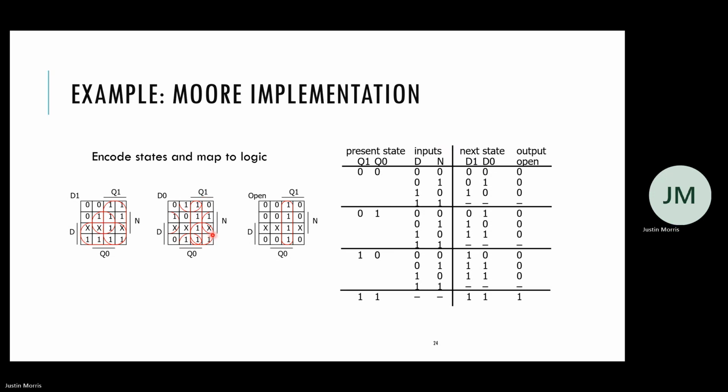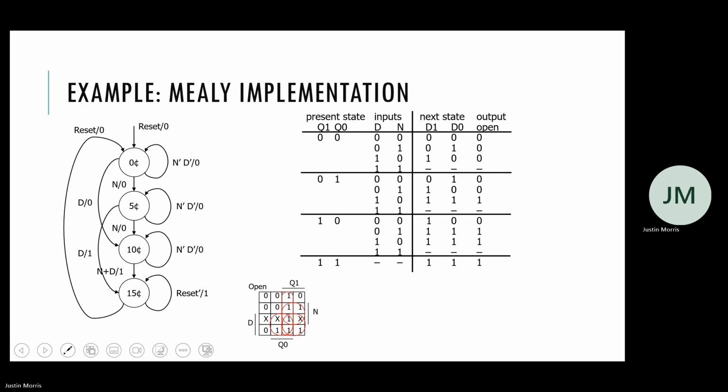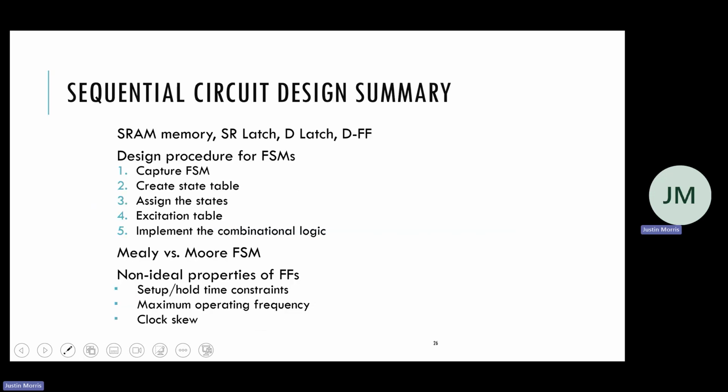So we have one for Q0, no, this one is for D1, D0, and then this one is for our output of did they put in 15 cents or not. And once you have those, you could again create the Boolean logic circuit, draw it, implement it. Okay. And do the same thing for the Mealy.